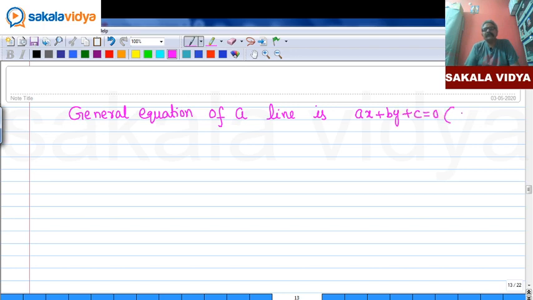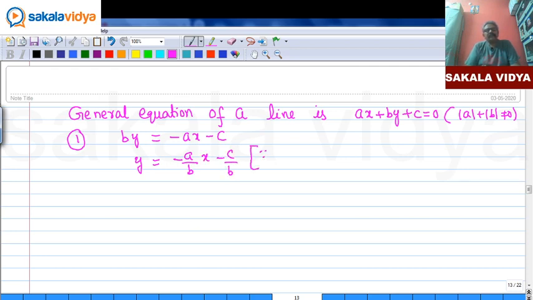Already we had a discussion, mod a plus mod b does not equal to 0. So, first, this can be put in slope intercept form. We can write by is equal to minus ax minus c, y is equal to minus a by b x minus c by b. So, this appears to be in the form of y is equal to mx plus c.